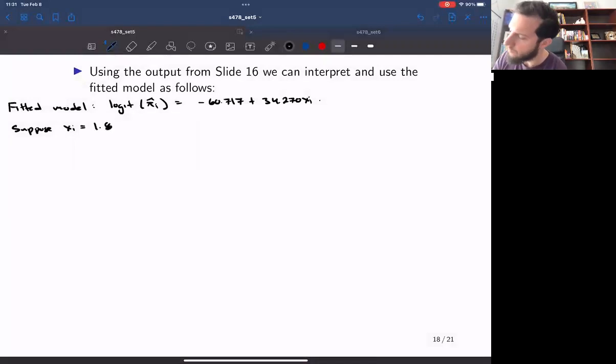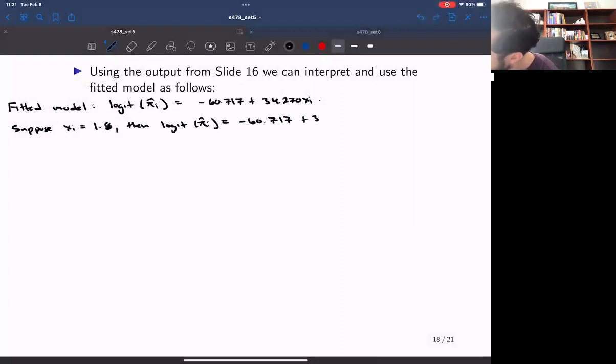Suppose xi is equal to 1.8, then the logit of pi i hat is equal to negative 60.717 plus 34.270 times 1.8.